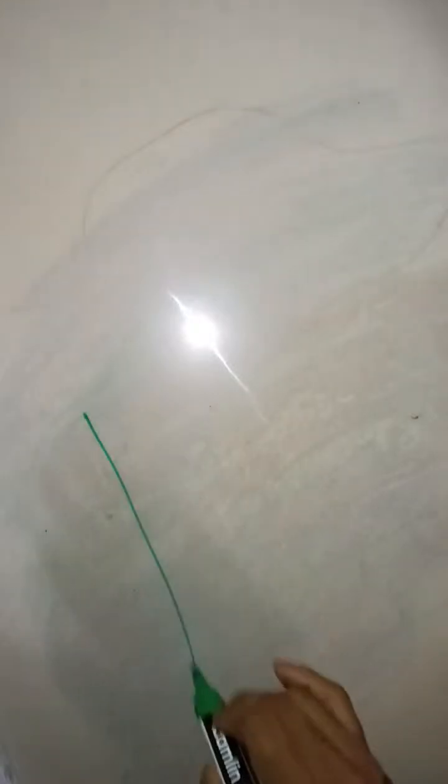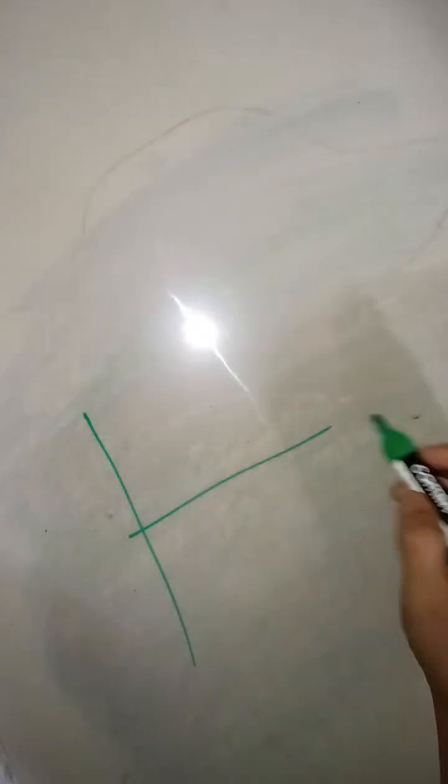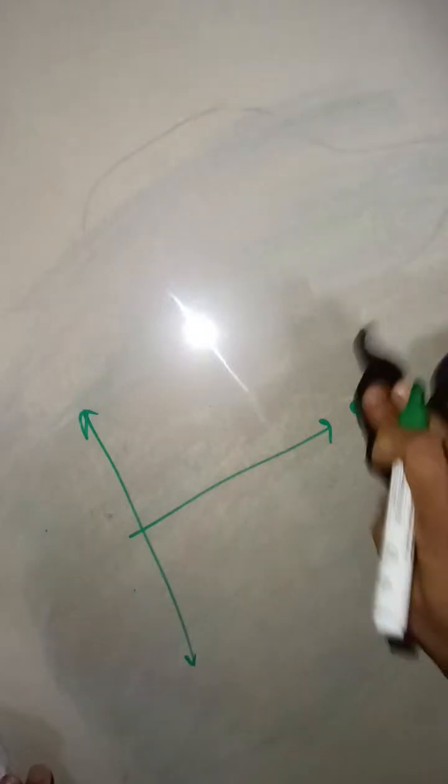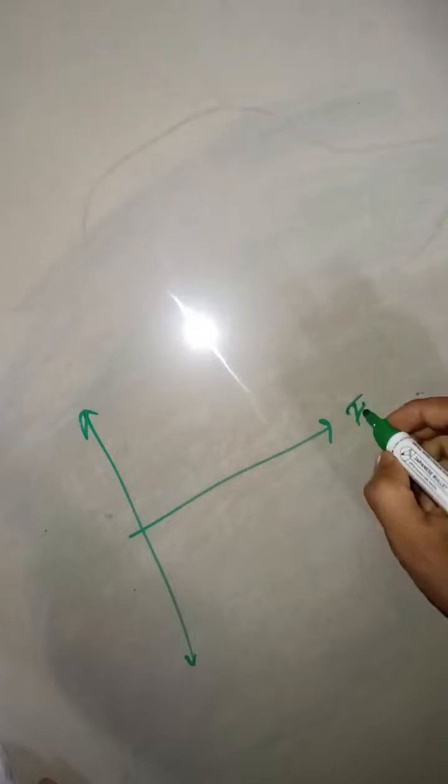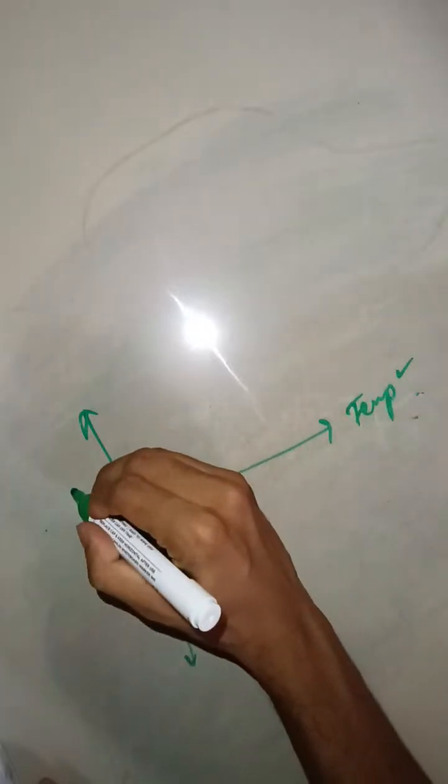Next, what is endotherm and what is exotherm? If we study differential scanning calorimetry, then temperature will be there, so it is related to temperature. To understand it, first of all we have to understand the graphs of temperature.